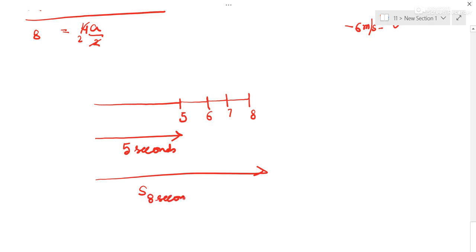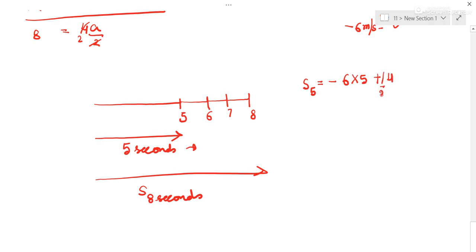and you will subtract. But to find out the distance in 5 seconds, you would use the second equation of motion, not the fourth. It's not the 5th second, it is 5 seconds. So ut, so you will take u with sign. Please keep this in mind, u with sign is to be taken, and time is 5, plus half a t square.